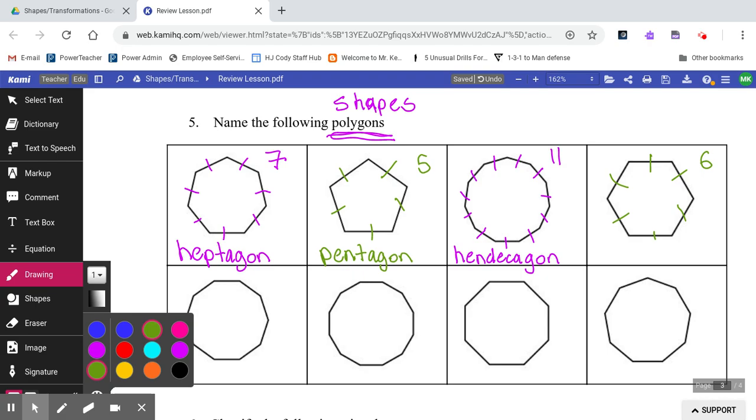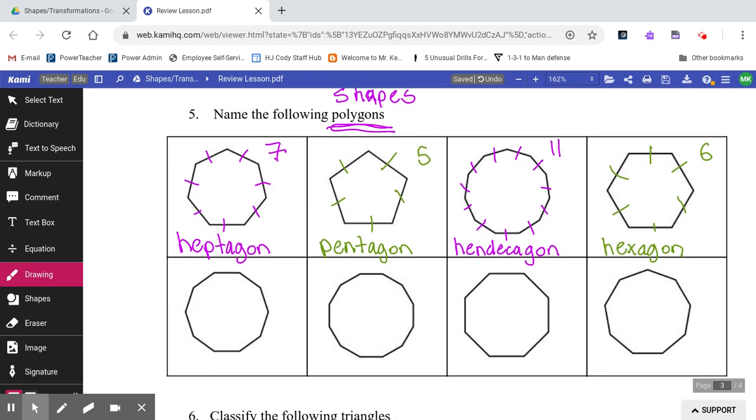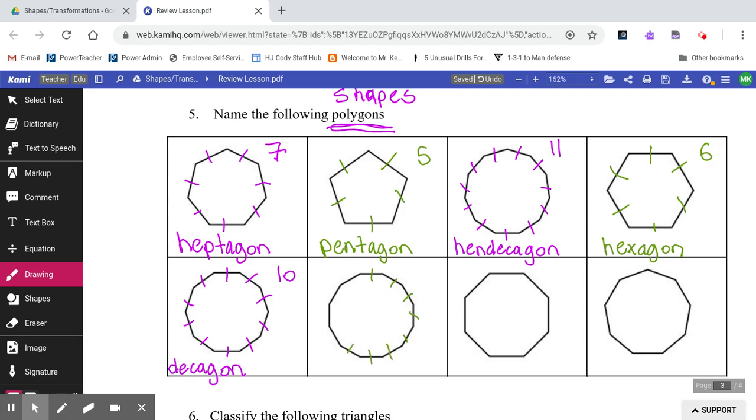That's called a hexagon. I had to think about that one for a second. Back down here, we have 1, 2, 3, 4, 5, 6, 7, 8, 9, 10. That's called a decagon. We look at this next one. We have 1, 2, 3, 4, 5, 6, 7, 8, 9, 10, 11, 12. That is a dodecagon.